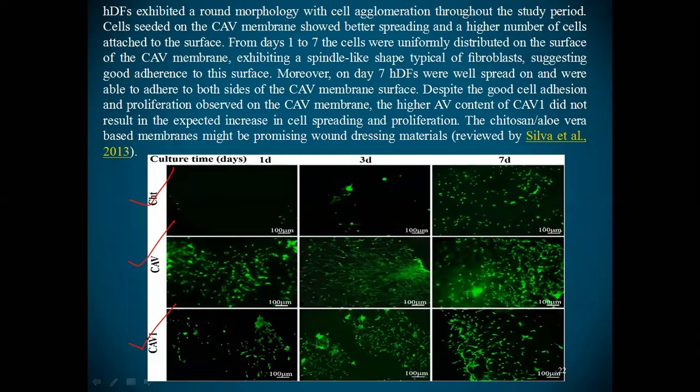On the membranes of the chitosan aloe vera and the chitosan aloe vera 1:1 ratio, we seed the HDF cells and observe the study. In that study, the chitosan and aloe vera 1:1 ratio shows reduced cell proliferation and cell spreading compared to the chitosan and aloe vera.